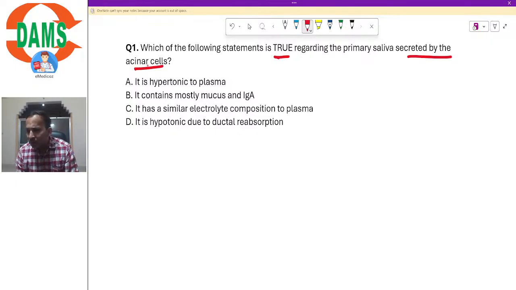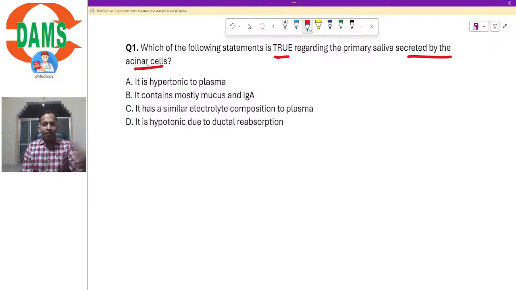Potassium increases, sodium decreases all times. Yes, potassium increases and sodium decreases all times? No, it does not happen like that. If there is a rapid salivary flow, sodium will increase, potassium will decrease. If there is a reduced salivary flow, then potassium will increase and sodium will decrease, right? The salivary flow has to be slow for that sodium to be reabsorbed.